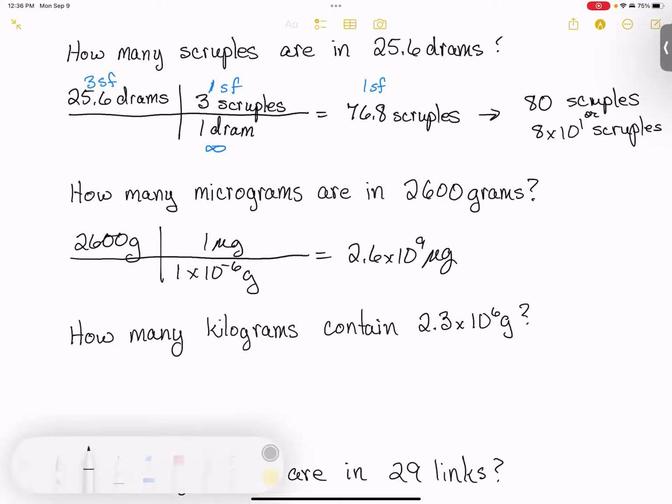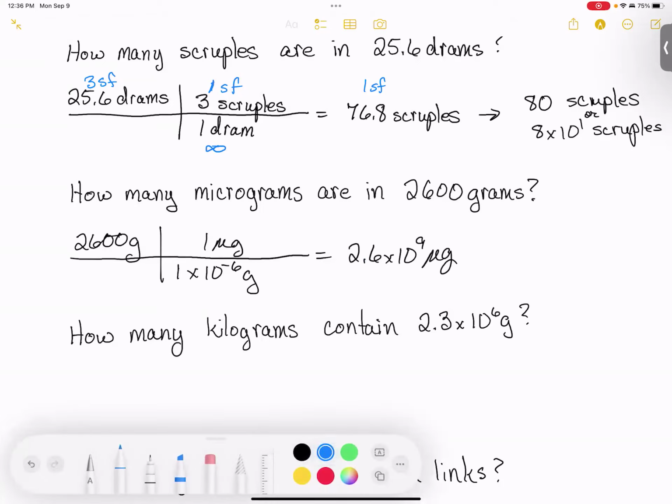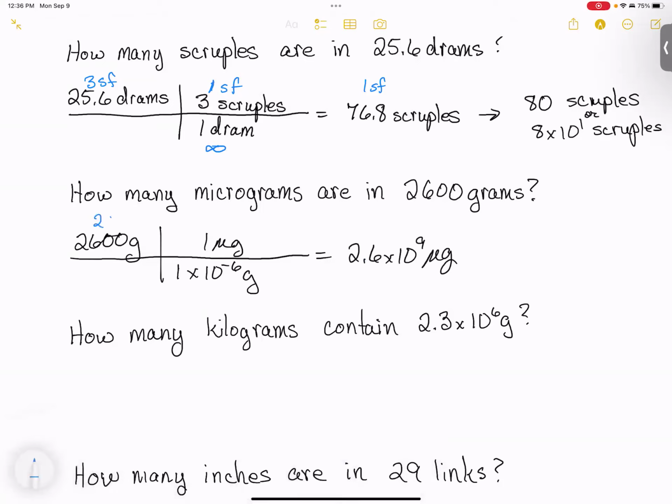In this particular case, significant digits, you have 2 significant digits in 2,600 because there's no decimal point showing. And the scientific notation for the metric prefix system are unlimited numbers. Therefore, your answer could have only had 2 significant digits.